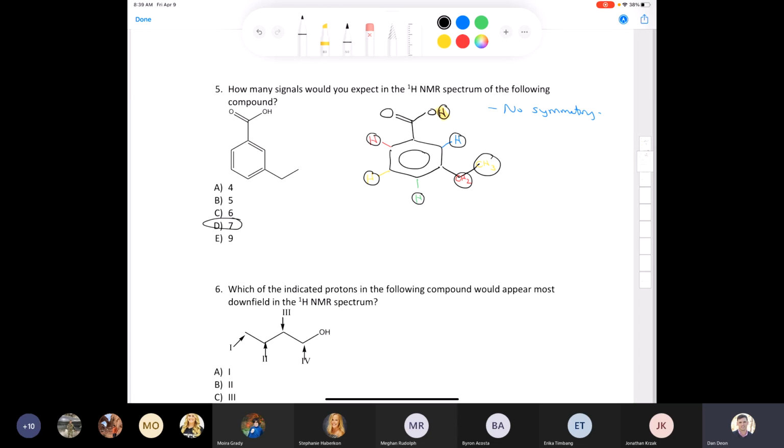I have a question for you guys. This isn't the question that's asked here, but could anybody tell me how many carbon-13 signals I would see for this molecule? How many different types of carbons are there in this molecule?